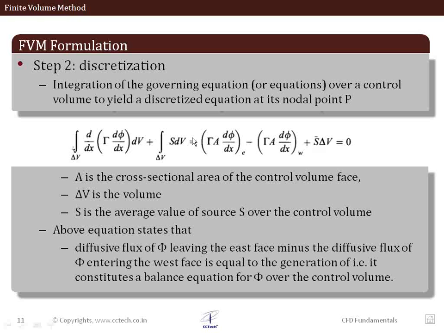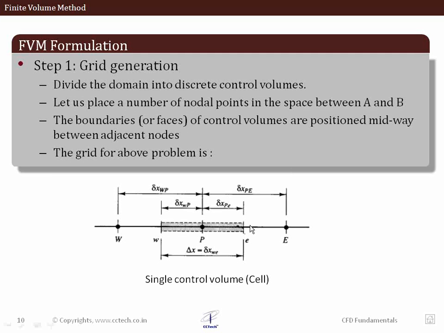But our aim now, or our challenge, is to express dphi/dx at the eastern face and dphi/dx at the western face. Just one comment here, that this minus sign comes into the picture because there is a dot product of the gradient of phi with the surface normal. So on the eastern face the surface normal is going forward, as you can see here, that we have the eastern face.